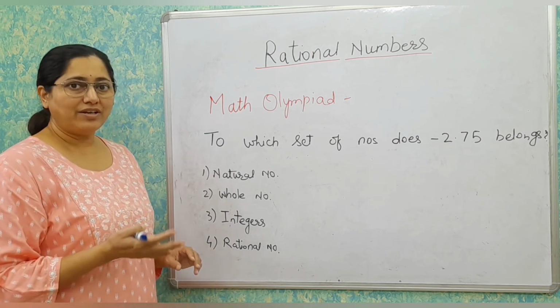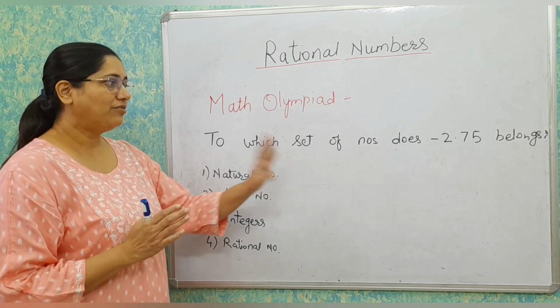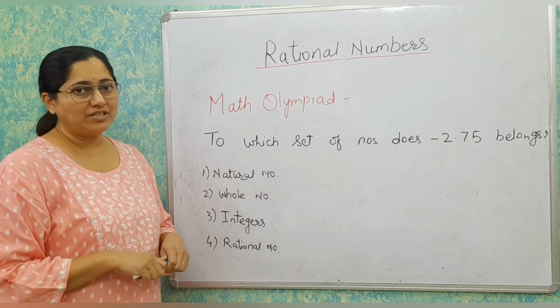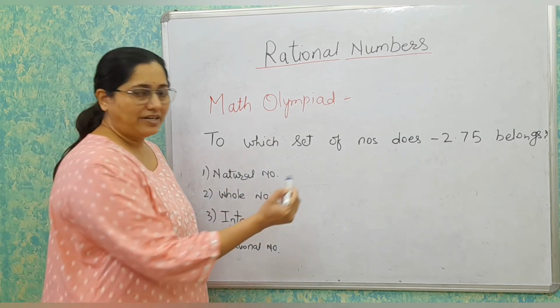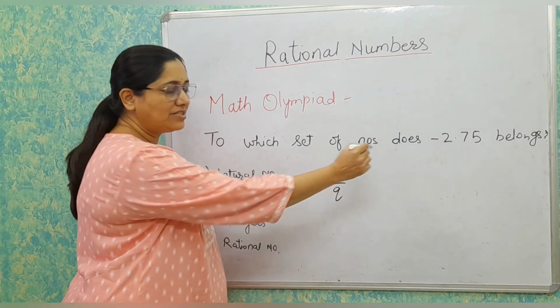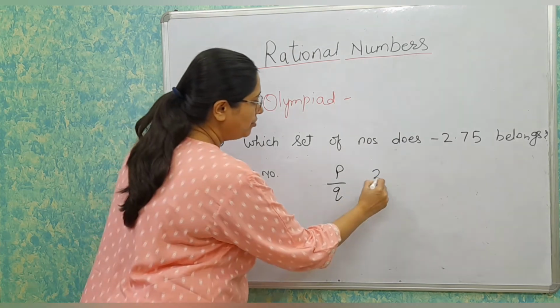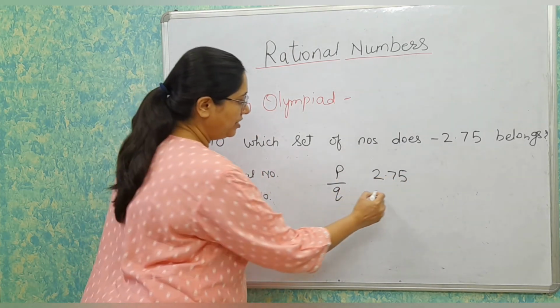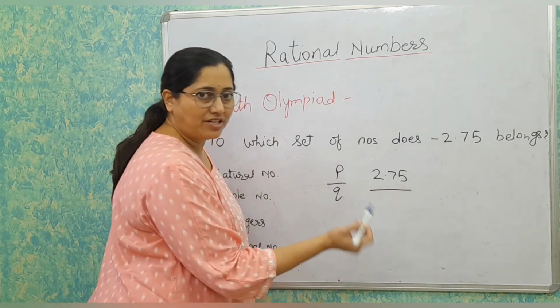But still I will give you some explanation of why the last answer is correct. You know that rational numbers are always represented as P upon Q. But this number is having 2.75 and there is no denominator. We can still put 1.